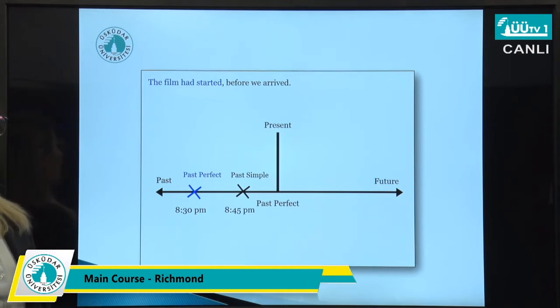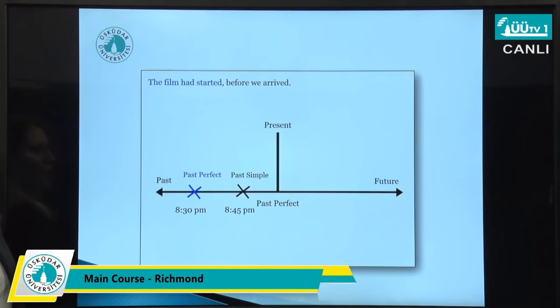Again, we have past, present, and future. We are not talking about present and future. We are talking about something which had happened in the past. We have two times, as you see, 8:30 and 8:45. The time which is closer to present, 8:45, is simple past.